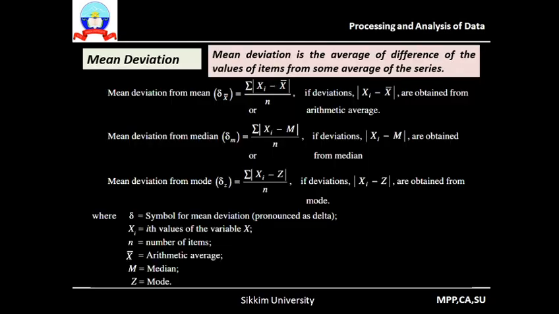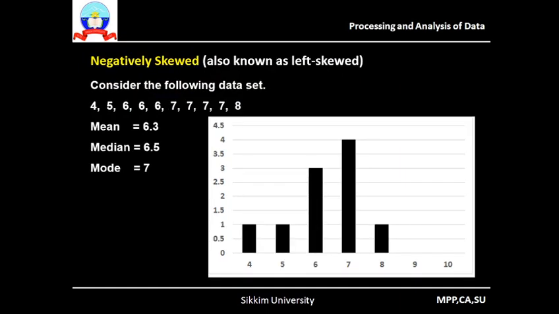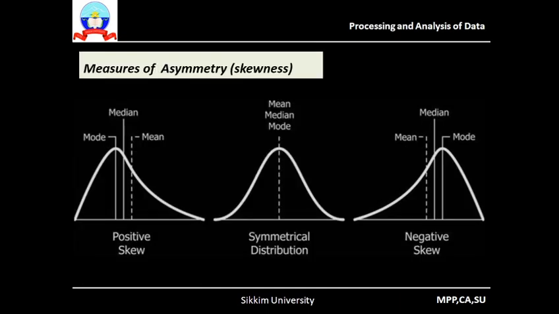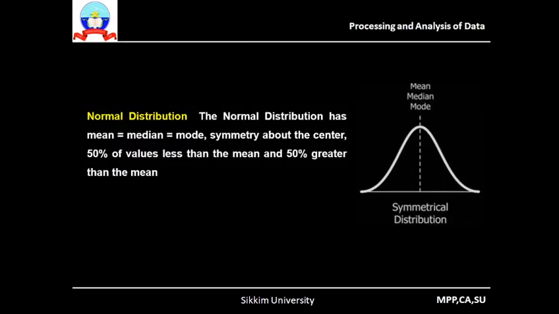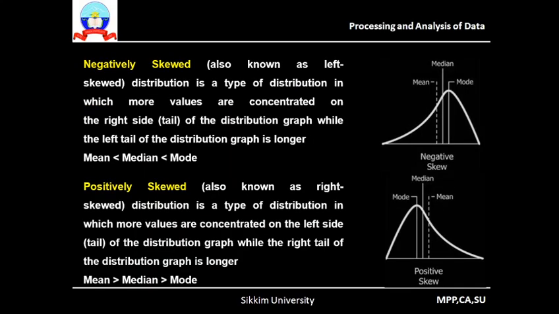So in this class we have learned about measures of asymmetricness, wherein we have learned about symmetrical distribution and asymmetrical distribution. We have learned about normal distribution. We have learned about negatively skewed distribution and positively skewed distribution.